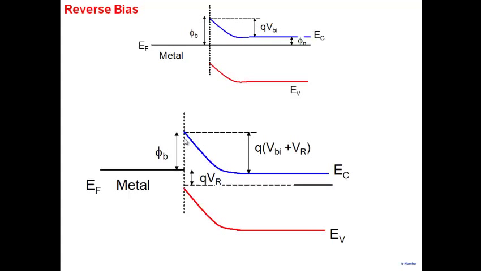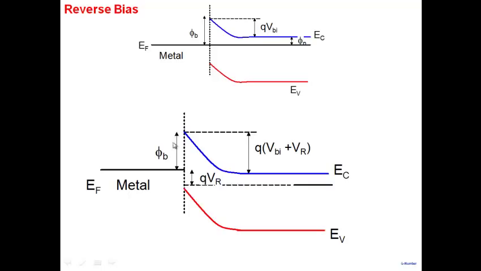While from the metal side you see here, this remains phi_B. This doesn't change. You know that from simple work function theory, what is phi_B equal to? Phi_m minus the electron affinity. Phi_m doesn't change, electron affinity doesn't change, and therefore phi_B remains the same. From surface state theory, you know that there's a neutral level and the Fermi level is pinned close to the neutral level.